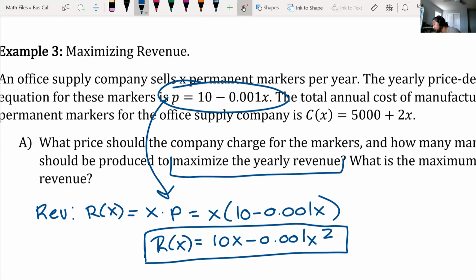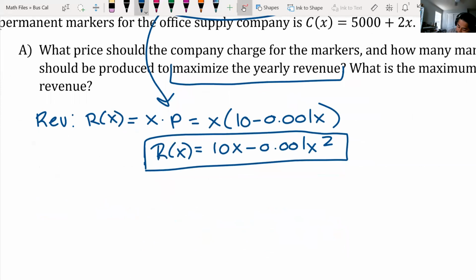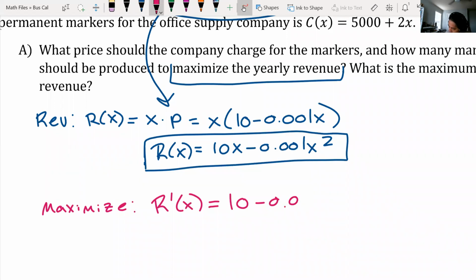Now, since we have the revenue function, we're going to maximize it, which means you take the derivative, set it equal to 0 and solve for x. We'll get R prime, and that'll give me 10 minus 0.002x. We set it equal to 0.